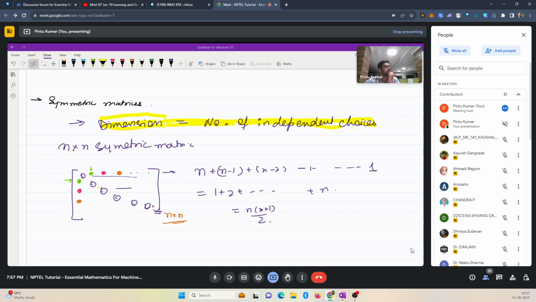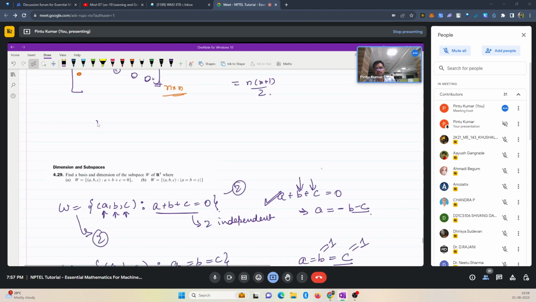That's what I'm saying. So let's say you have some matrix like 1, 2, 3, 4, 5, 6, 7, 8, 9. This is neither a symmetric matrix nor a skew symmetric matrix, right? But this is an element of that particular set.